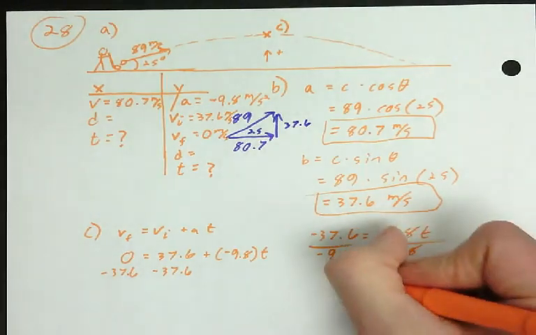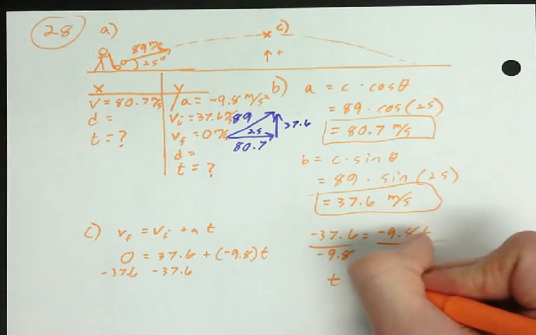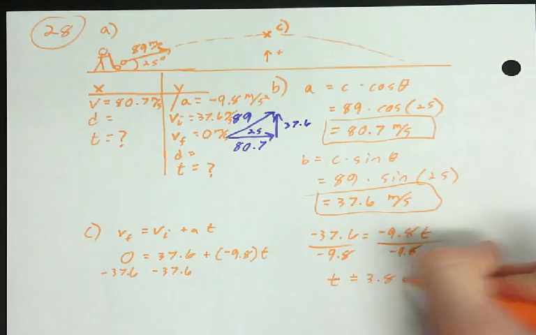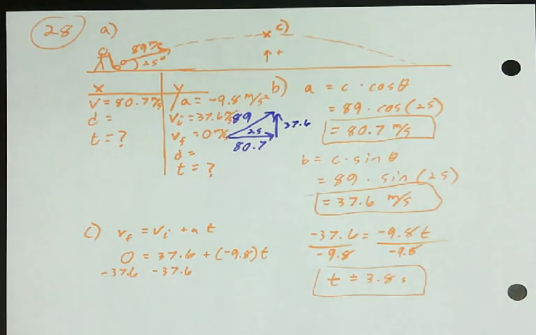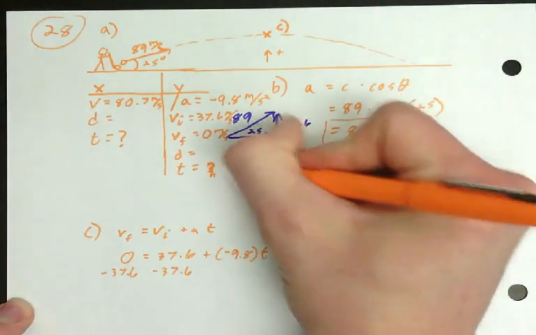And that gives me a time of 3.8 seconds. Okay, and that should take care of C. So now I know how long it takes. It takes 3.8 seconds, so now I figured out the time.